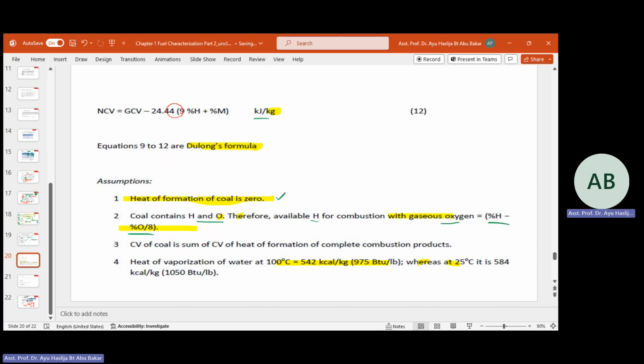If you have sulfur, you can still use the equation. And the heat of vaporization is equal to this, in kilocalories. In the thermodynamic table, you can see it also in kilojoules.